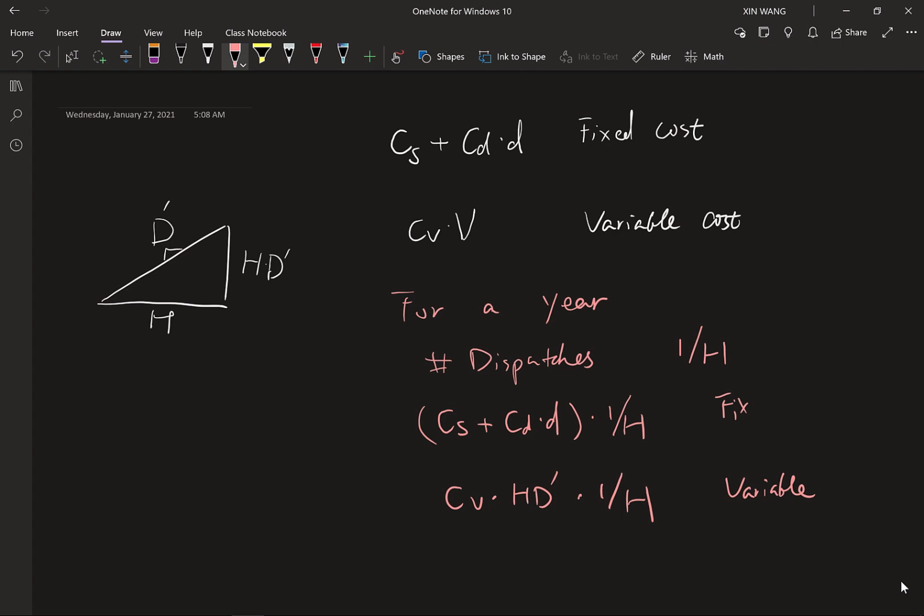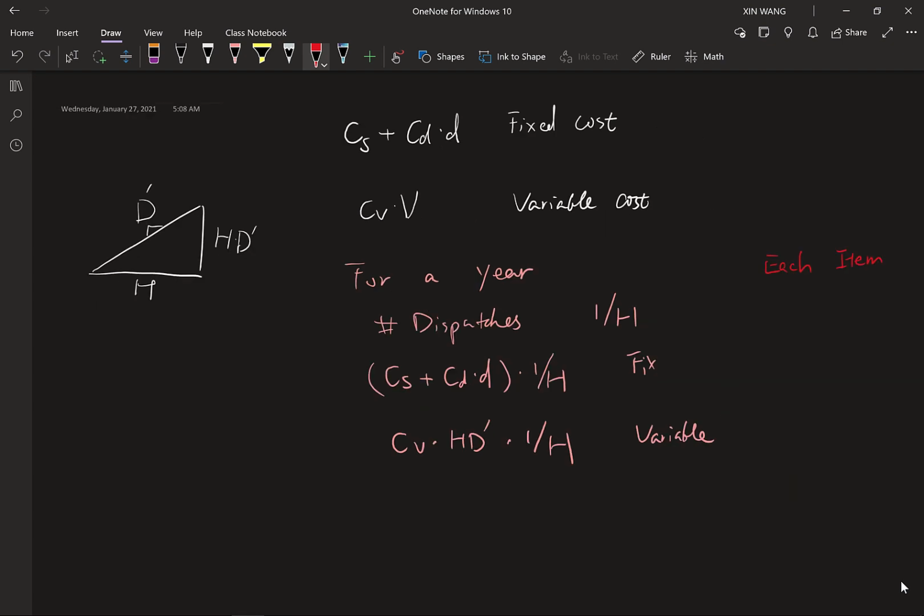Now let's try to calculate the prorated cost per item. Remember the entire number of products is D prime for 1 year. So we can just divide this cost by the number of products D prime. If we calculate the cost for each item, the fixed cost, we need to divide it by D prime.